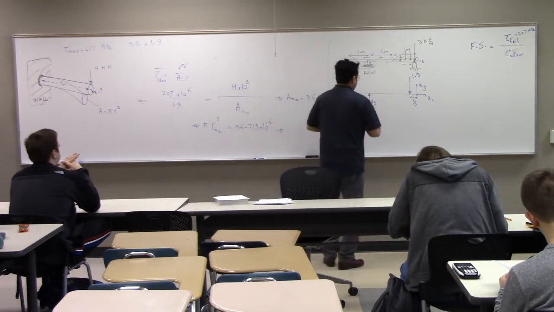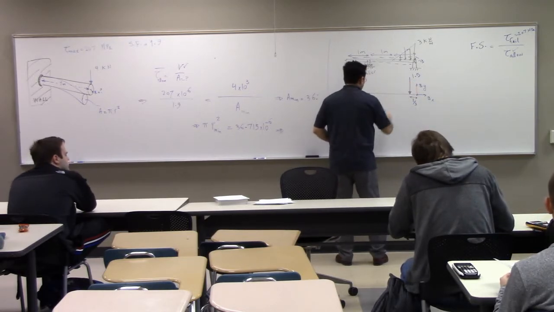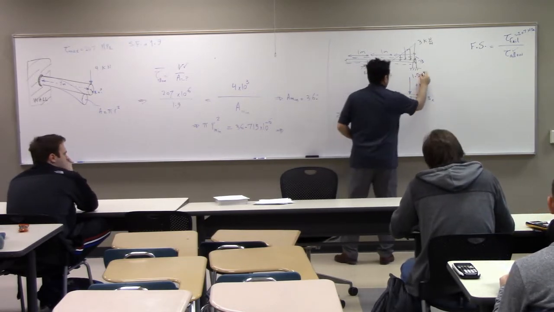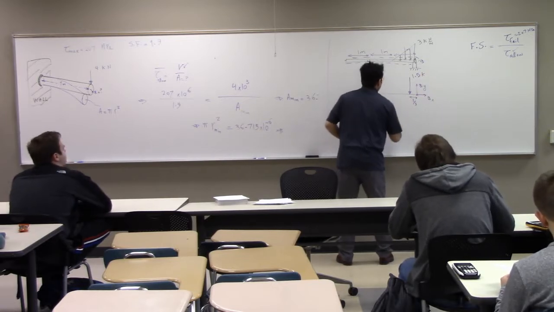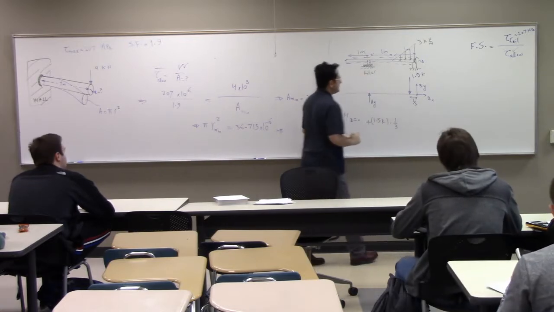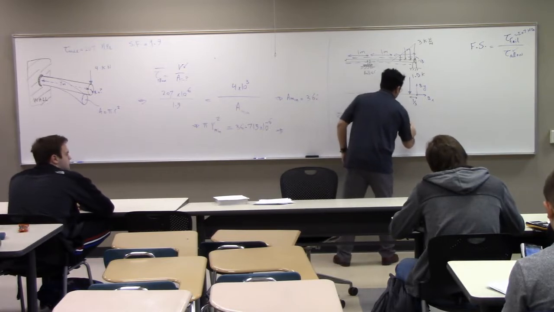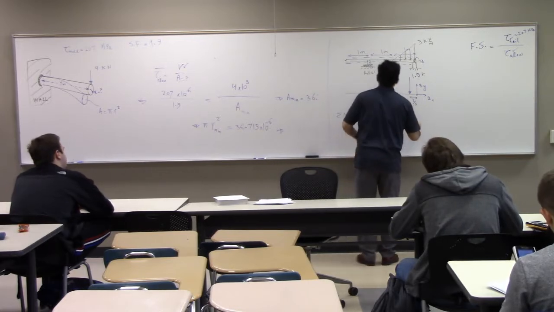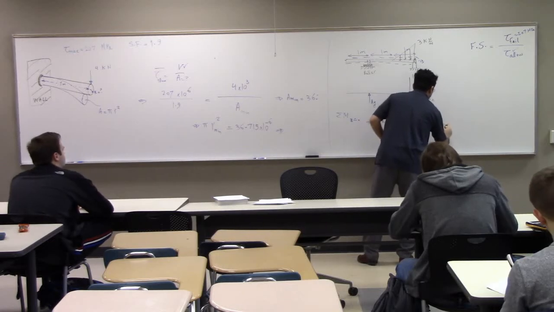So if I solve that, I get nothing from these two, then 1.5 K times 1/3 magnitude, and then you go negative AY times 2 is equal to 0. Then you solve for AY.